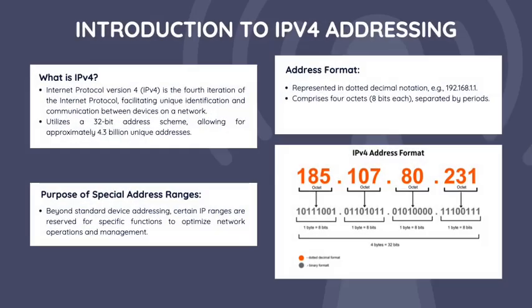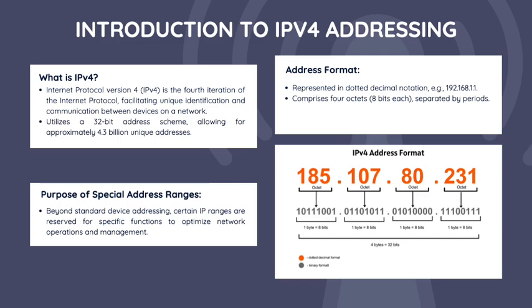First things first, what is IPv4? Well, IPv4 or Internet Protocol version 4 is the fourth version of the Internet Protocol and it's responsible for uniquely identifying and enabling communication between devices on a network. It uses a 32-bit addressing scheme, which means it allows for about 4.3 billion unique addresses.